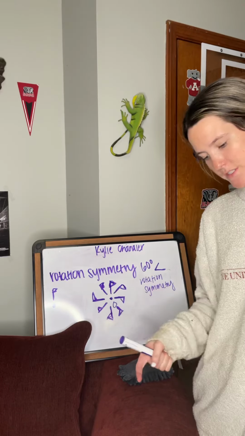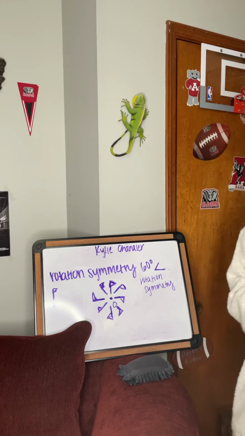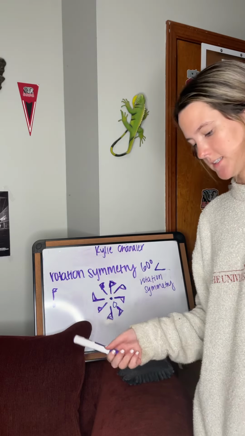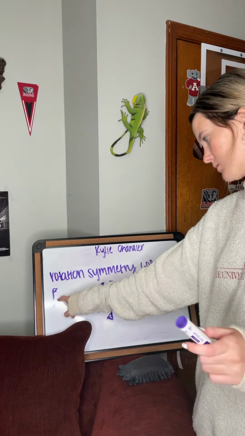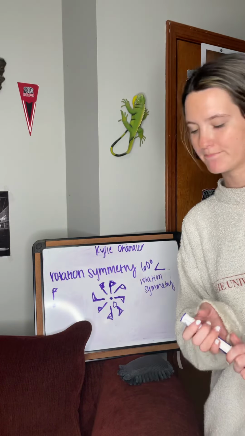And then rotation symmetry is the rotation of a shape, which explains that when an object is rotated on its own axis, the shape of the object looks the same. So we see that the object was like this, stayed the same, it just rotated. Same with a 90 degree.